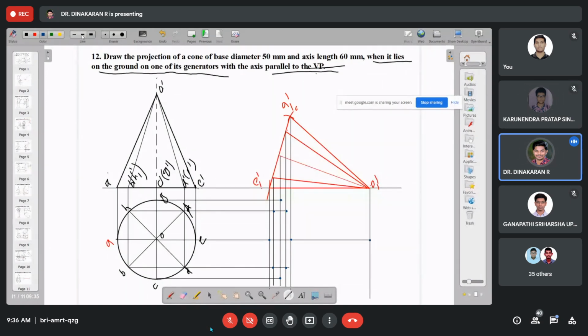Then we check with the final connection with a smooth curve. Is the full surface visible or not? The bottom surface, the full circle, is fully visible. So draw a thick curve through and touching all the points. After that, connect these two generators. Okay, this is the final step. Any doubt, you can ask.